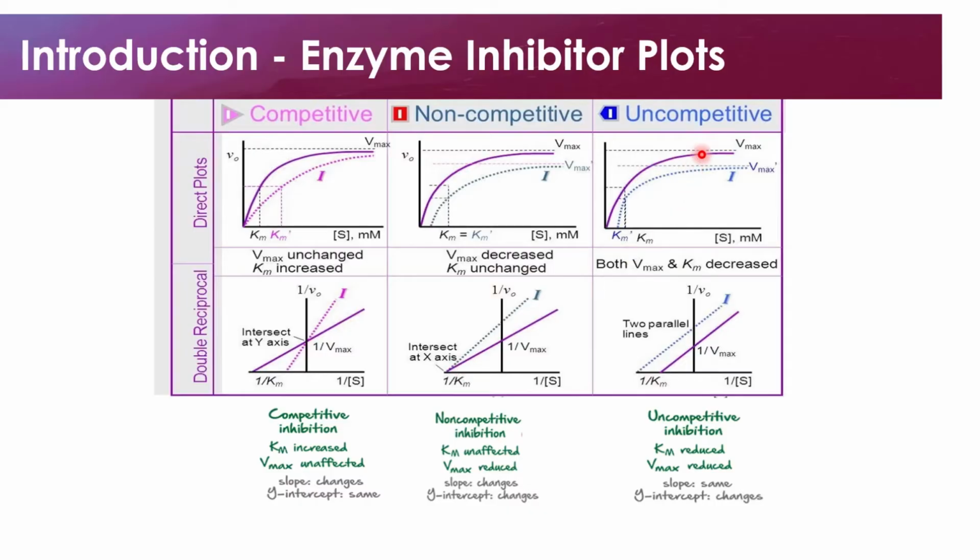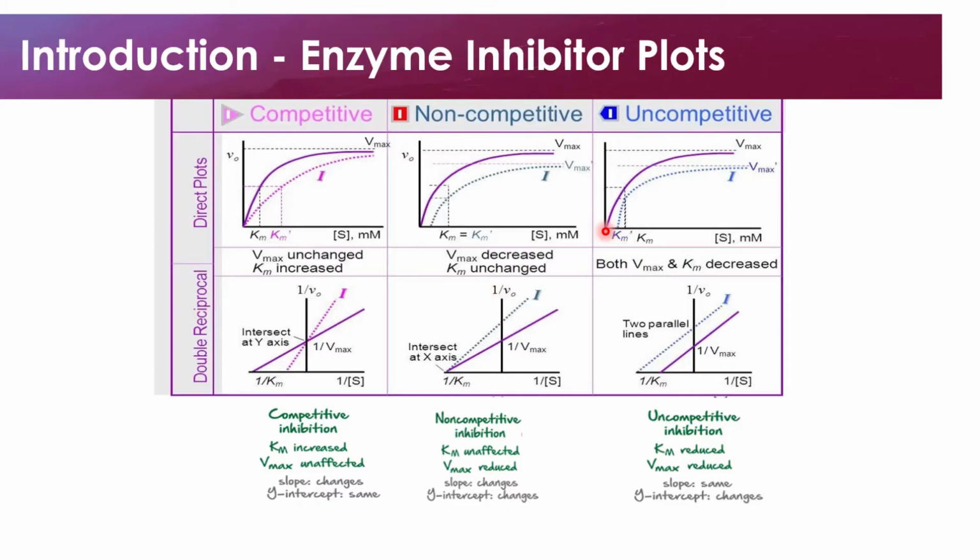And if we look at the uncompetitive inhibition from the direct plot, we can see that both V maximum and Km are reduced. From the plot here, this is our V maximum, which is reduced from here to here, and this is our Km, which is also reduced from here to here.